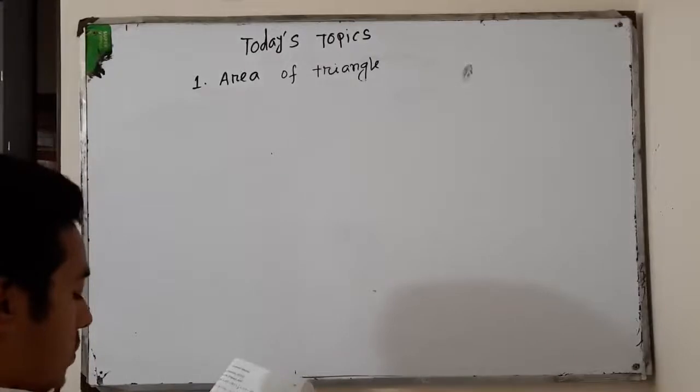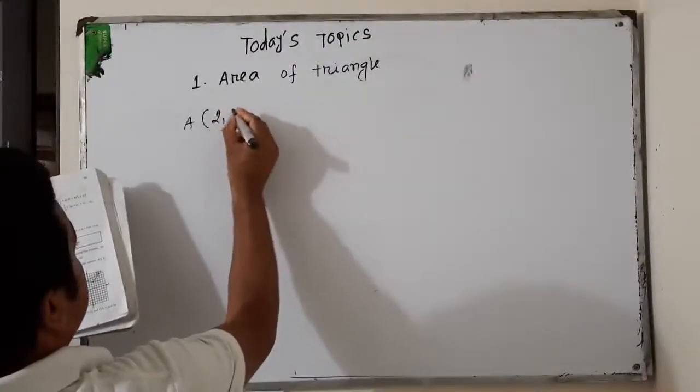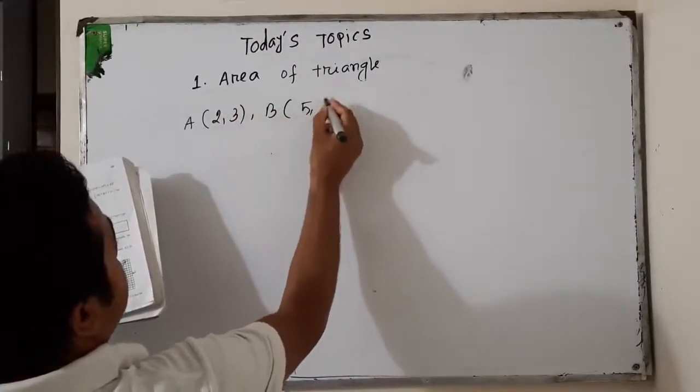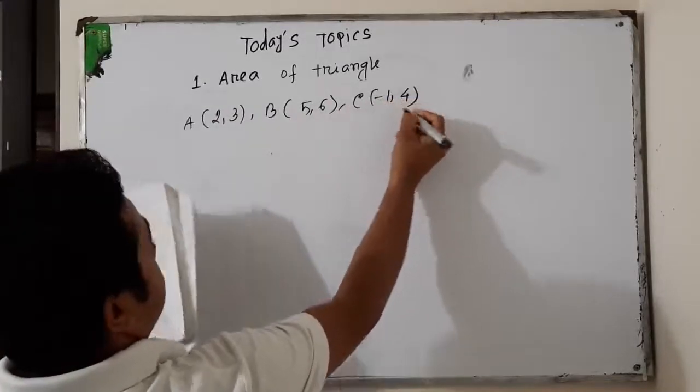The question: point A is 2, 3, B is 5, 6, C is minus 1, 4. These are the three vertices of a triangle, and we have to find the area of this triangle.